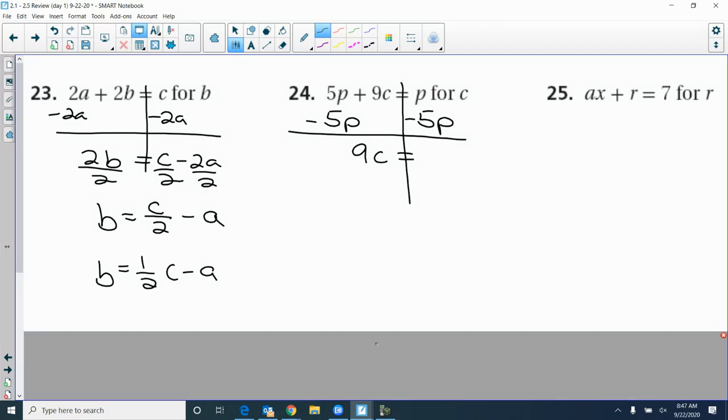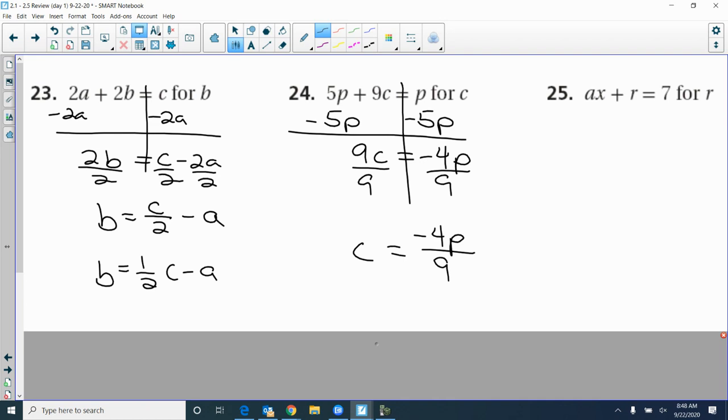These can actually be combined because they both have a p. So what will p minus 5p become? Negative 4p. I saw on some of you who turned yours in, you had negative 4p. Now last thing, Allie, divide by what? 9. Divide by 9. And so I get C equals negative 4p divided by 9, because you can't divide 9 into 4. You just want to leave that.